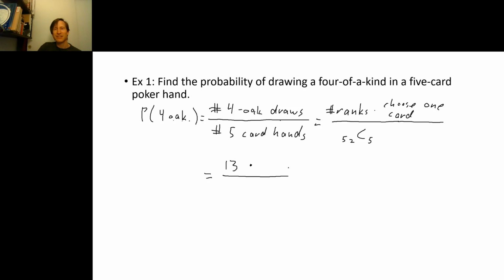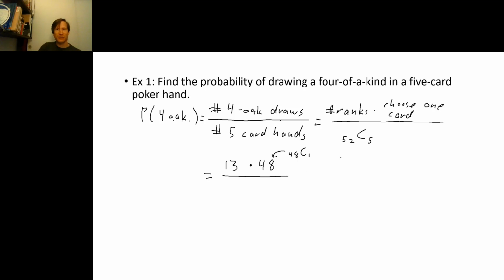Since we've specified a rank, we've already decided to take all 4 cards of that rank, and that means there are 48 cards left, and we need to choose one of them. So we have 48 possible ways to do that. If you wanted to, instead of 48, you could write 48 choose 1, since we're choosing 1 card from among 48. But 48 choose 1 is 48. If you want to check that with the formula, you can.